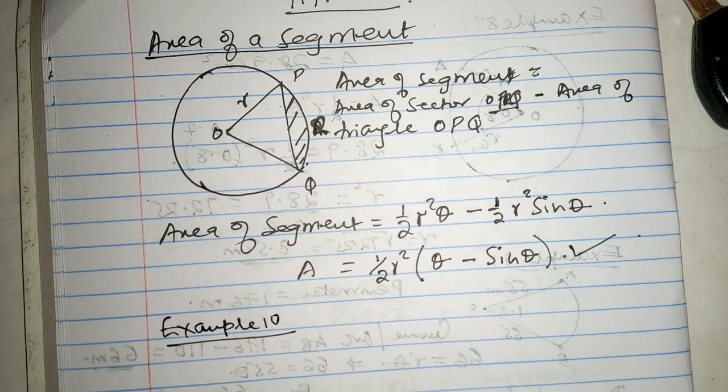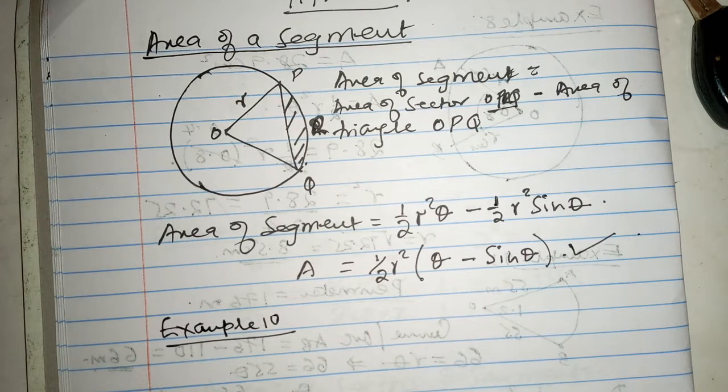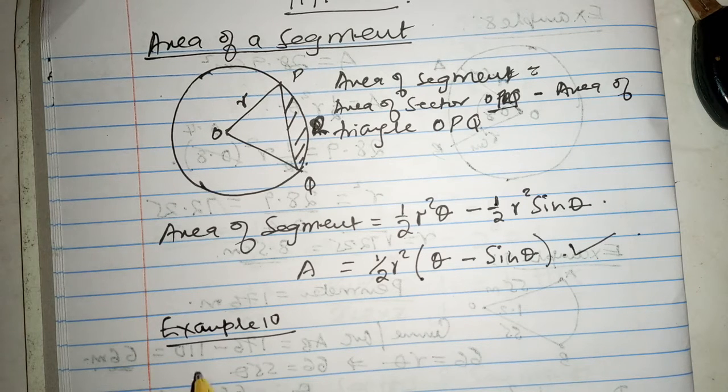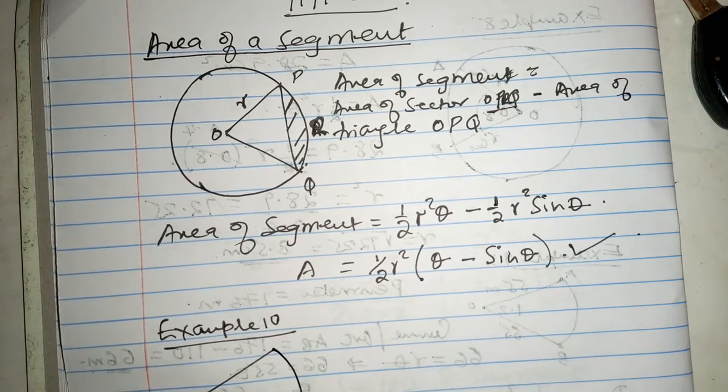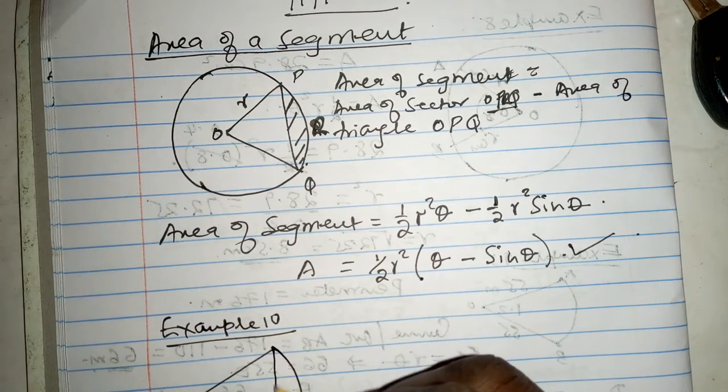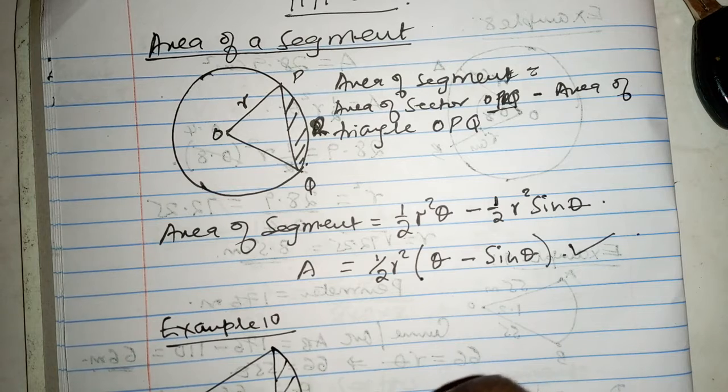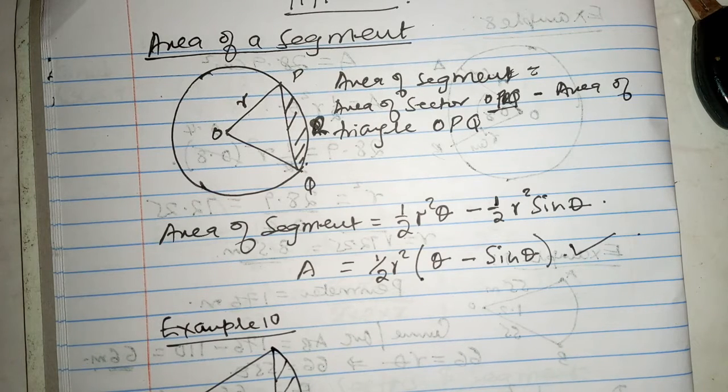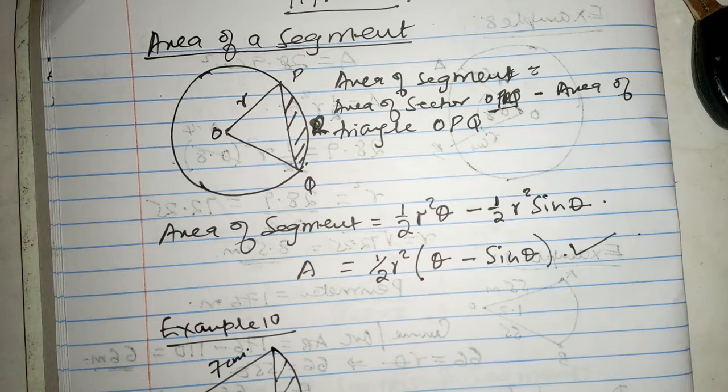And without further ado, let's talk about example 10. In example 10, on page 141, the diagram shows a sector of a circle. Find the area of the shaded segment. The sector of a circle looks like that, and this is now the shaded segment. This is 1.2 radians. This is 7 centimeters, and this is another radius 7 centimeters.